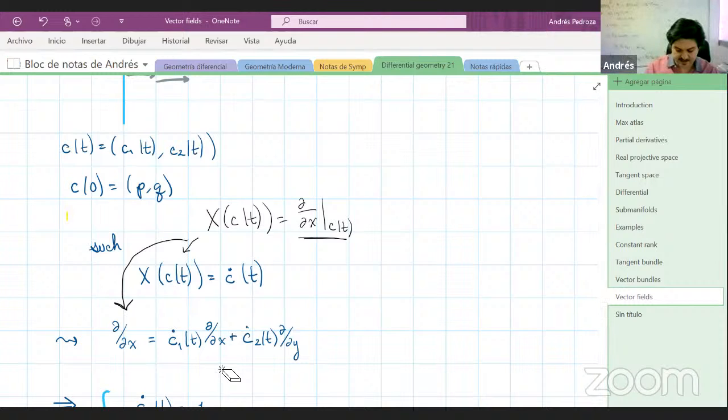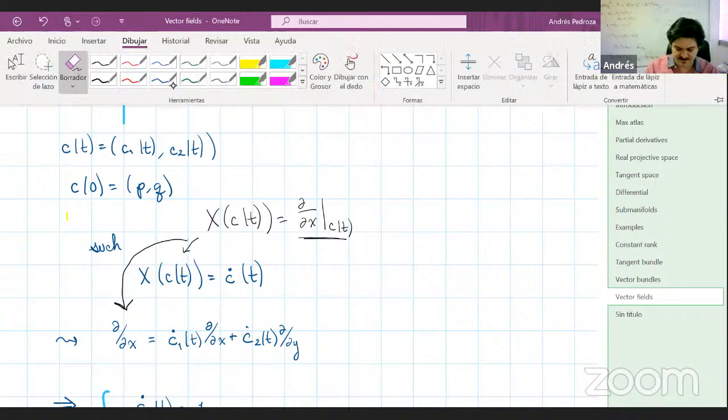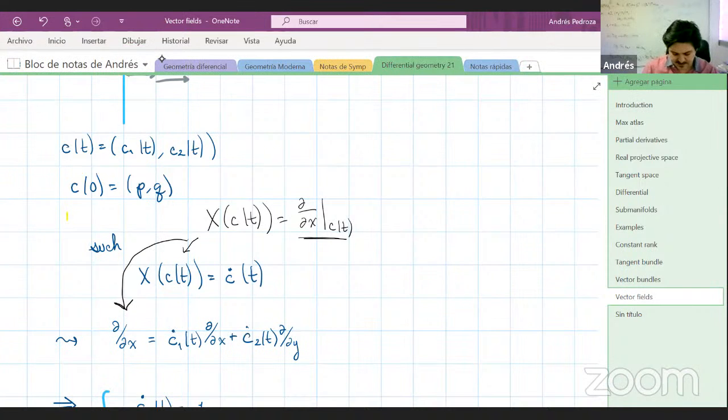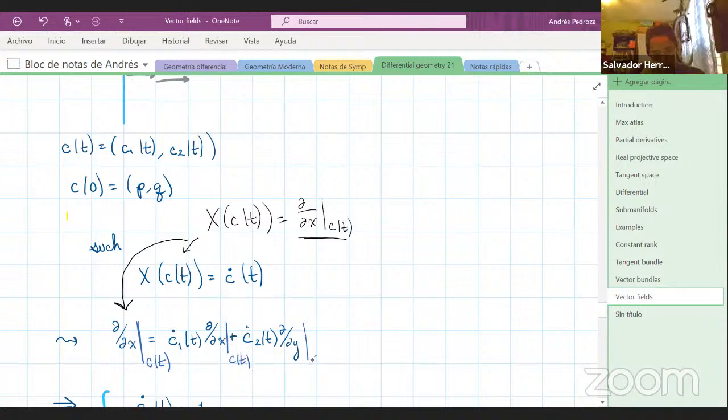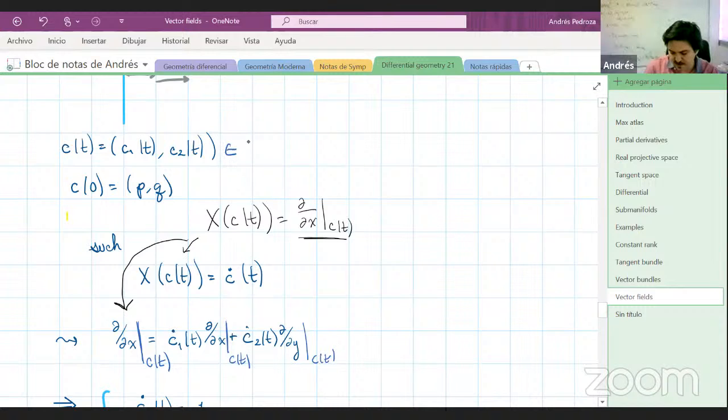I'm avoiding this, but here you can put at c of t this vector at this point, because this belongs to R2, or the manifold.